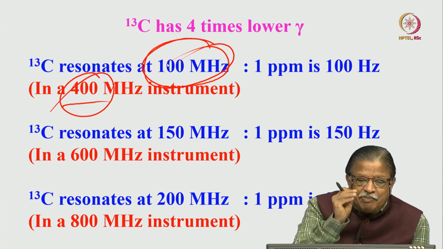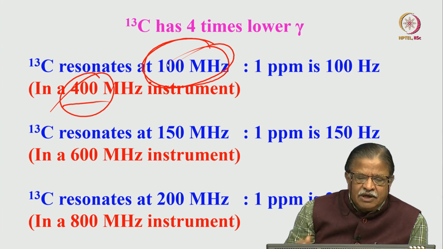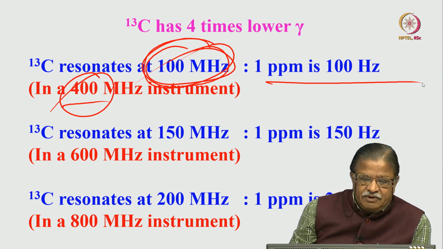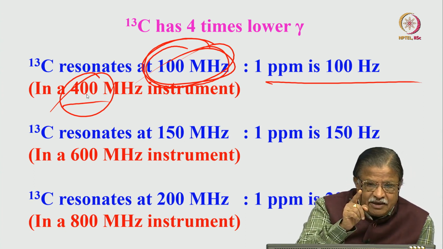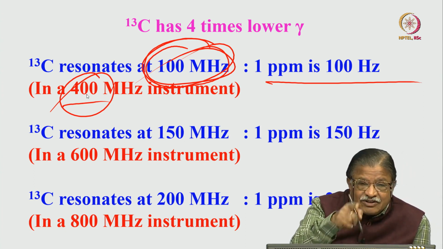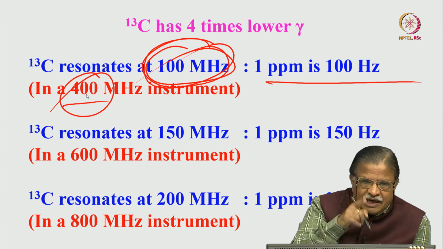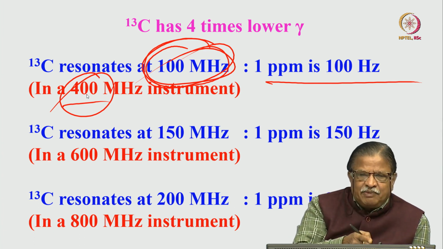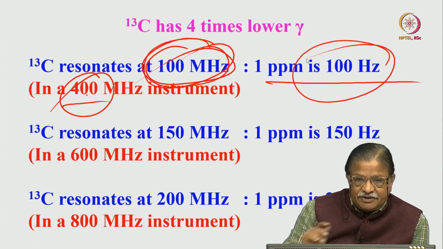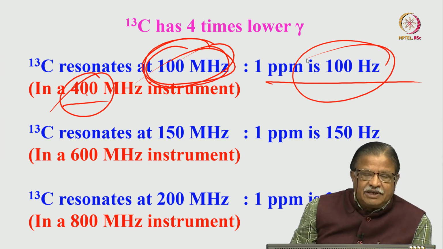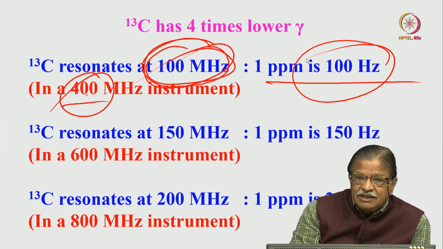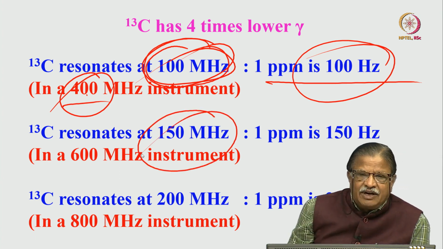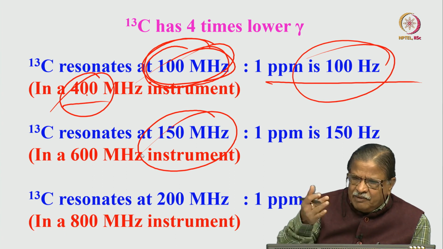Then what is 1 ppm in the carbon 13 spectrum? At 100 megahertz, 1 ppm is only 100 hertz. Though it is a 400 megahertz spectrometer, carbon 13 is resonating at 100 megahertz. As a consequence, 1 ppm for carbon in a 400 megahertz spectrometer is 100 hertz. Next, in a 600 megahertz spectrometer, carbon 13 resonates at 150 megahertz, 4 times smaller.